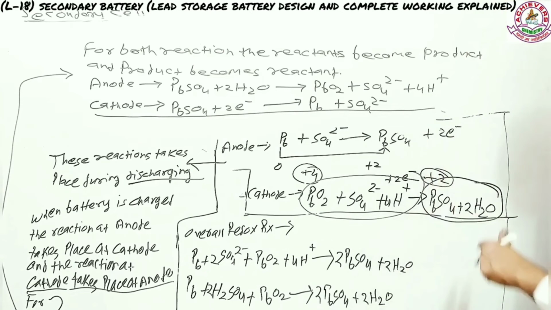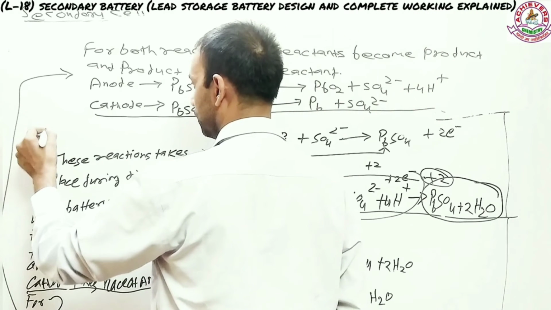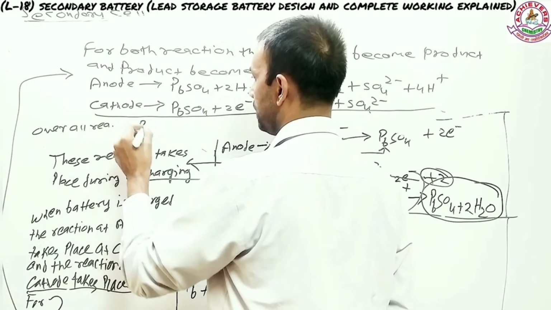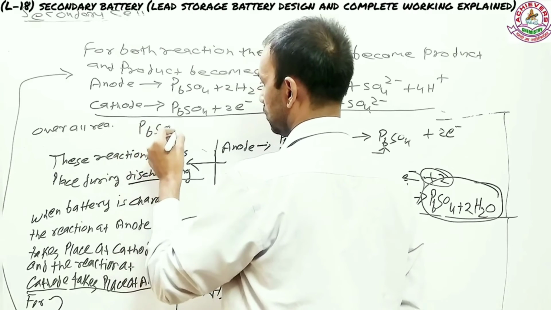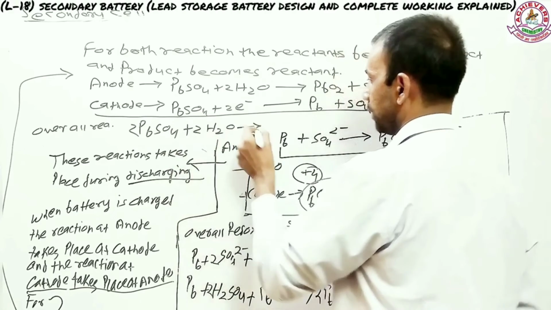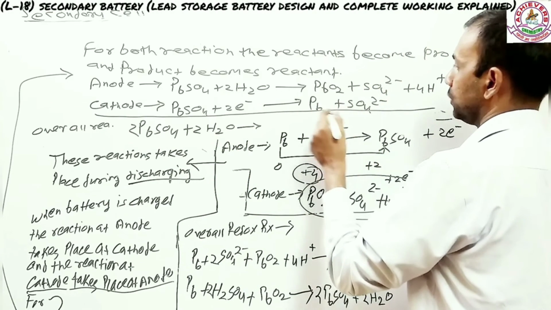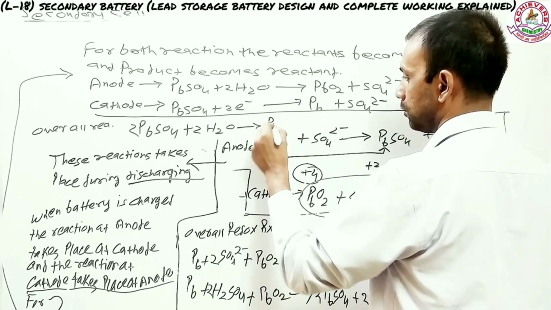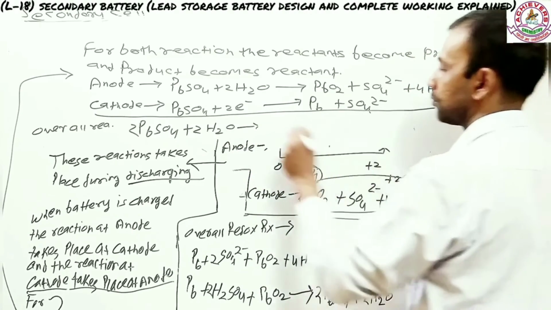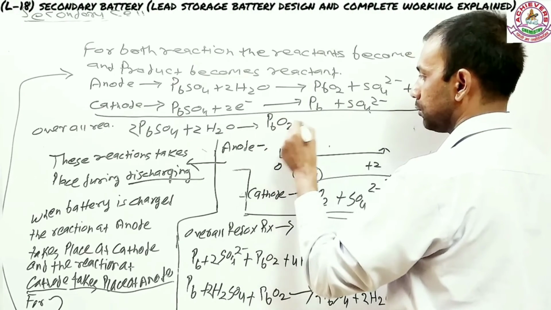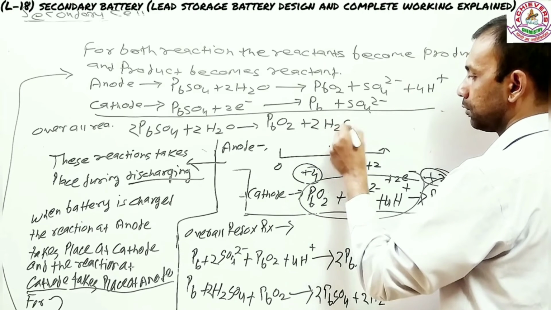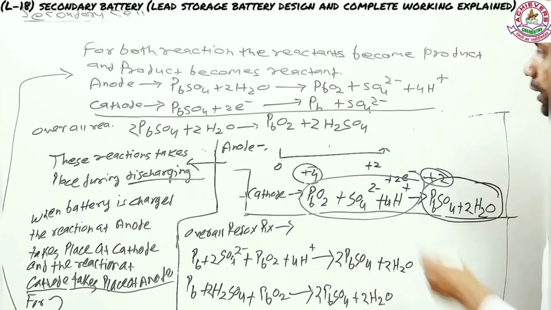Another thing is that you have to add the reactions. So the overall reaction is going to be 2 PbSO4 plus 2H2O gives PbO2 plus 2H2SO4 and Pb also.